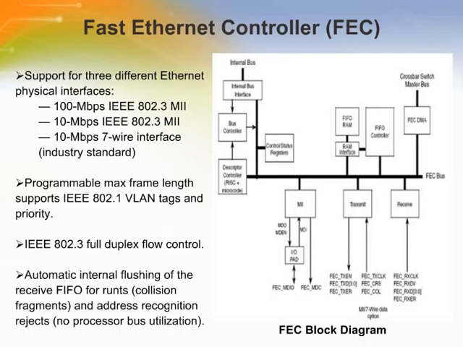The FEC supports the 10/100 megabit per second MII and the 10 megabit per second only 7-wire interface. The FEC is implemented with a combination of hardware and microcode. The off-chip Ethernet interfaces are compliant with industry and IEEE 802.3 standards.